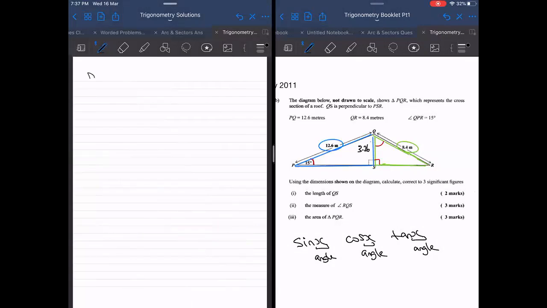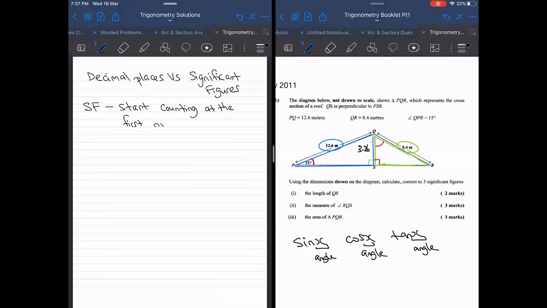So let's just talk about decimal places versus significant figures. For significant figures, we start counting at the first number that is not 0.